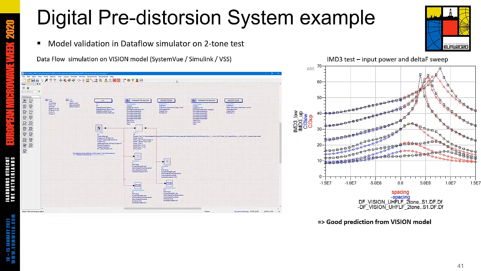We use the Vision model presented previously that we implemented in a dataflow type system simulator. By reproducing the two-tone test, it can be seen that the Vision model is able to reproduce the low-frequency resonance of the circuit.